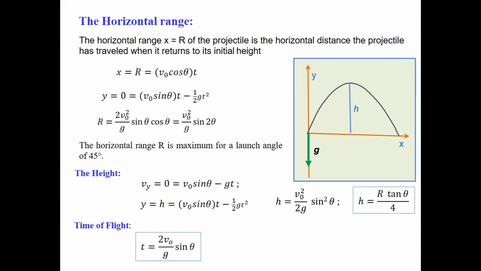The total time taken is t, and we have already calculated all these for a given angle theta. Now we also know that the trajectory, or the path traced by this object, is a parabola, and it obeys the equation y equal to ax minus bx square.